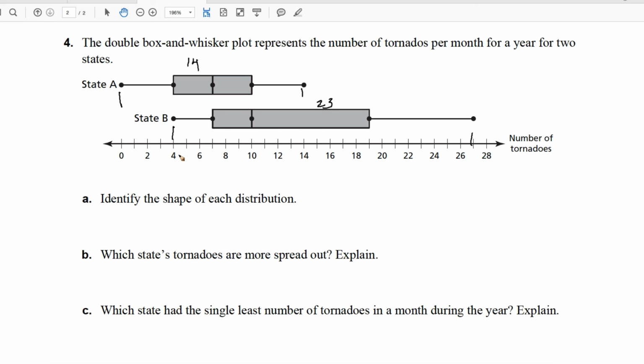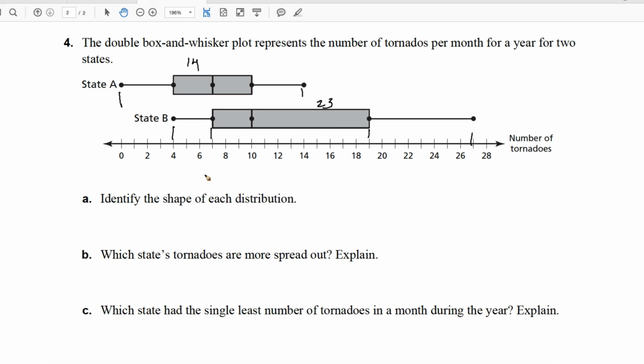So the range for State B is much, much bigger. And just to make sure we don't have any outliers, the interquartile range is also more spread out. So either way you want to explain it, State B is spread out more.